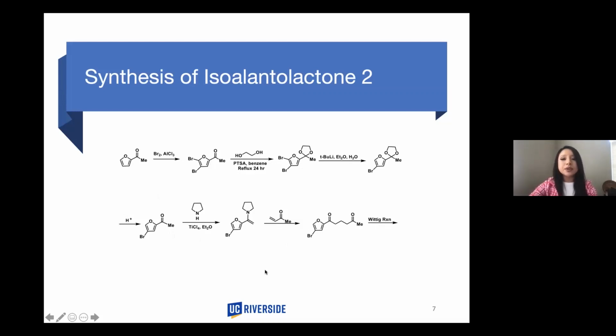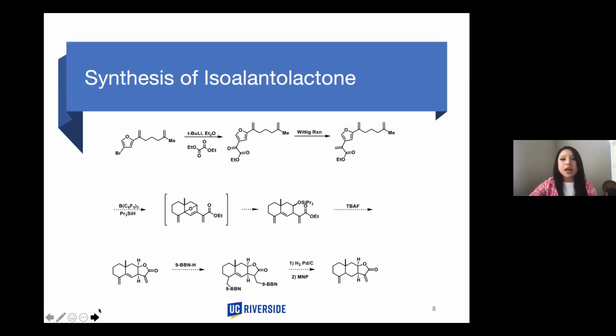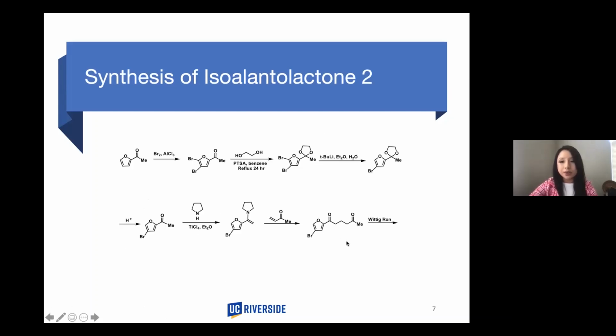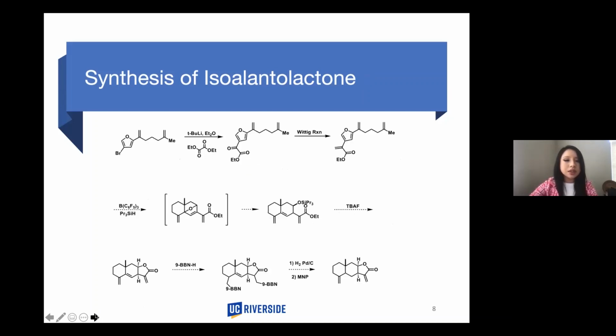Now from here, both of these synthesis approaches follow the same steps to form the isoallantalactone. And as you can see here, we went from the Wittig reaction. So look at these 2 oxygen groups, and we remove them to create olefins. And then we attach this diester where the bromine was.